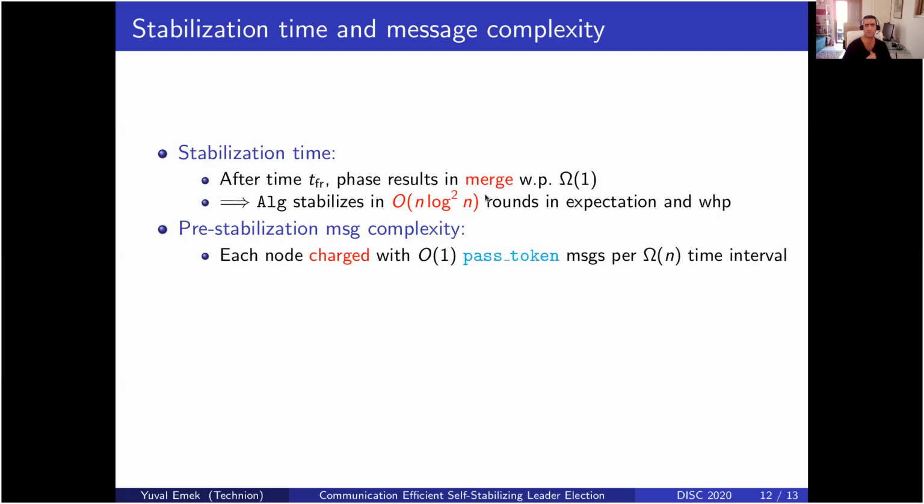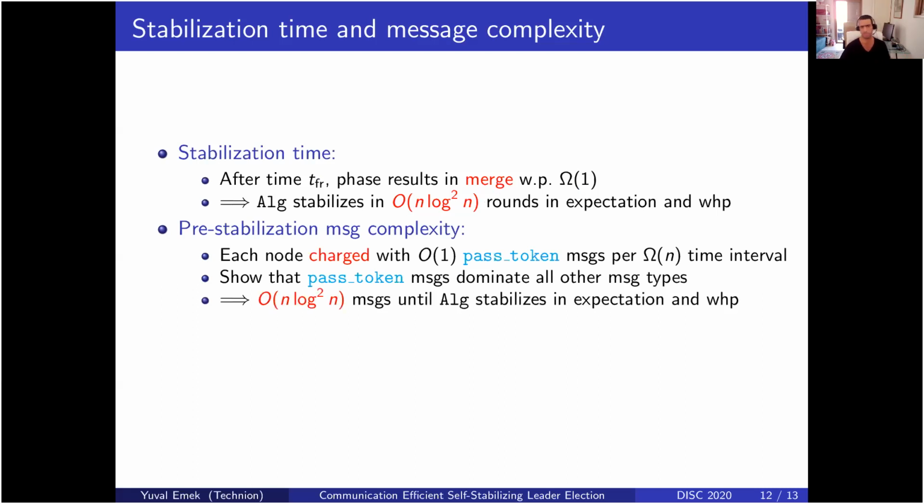For the pre-stabilization message complexity, we develop a charging scheme under which each node is charged with at most order of one pass token messages in any time interval of linear length. And we also show that the number of pass token messages dominates the number of any other type of messages.